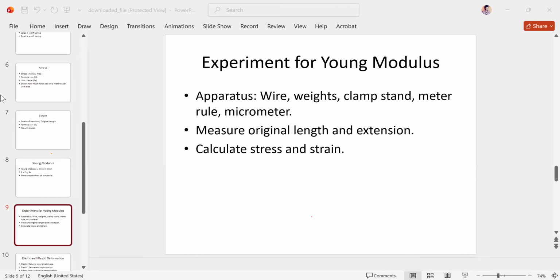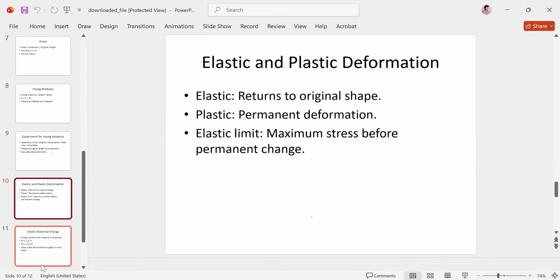Now we move on to the next step. In all the previous slides, we discussed the deformation of a solid object. Now we are going to discuss elastic or plastic deformation.